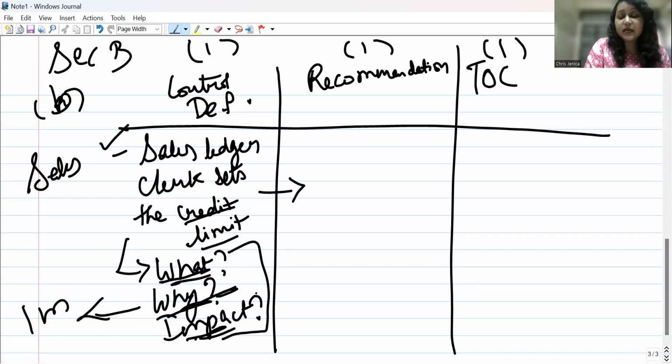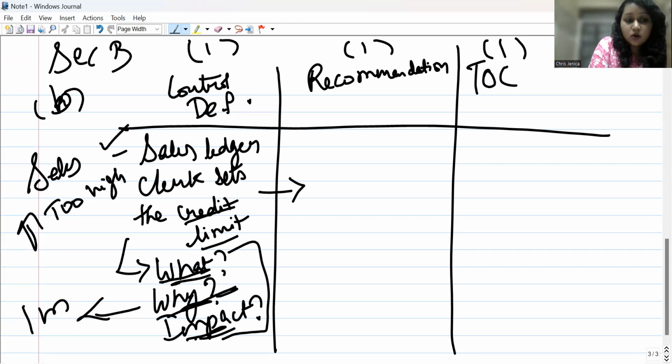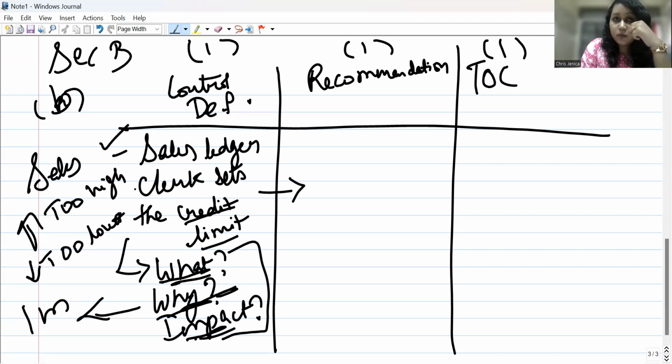Next, what could be the implication or an impact? Now that the sales ledger clerk is not qualified enough or senior enough to set the credit limit, the impact is that either there is a possibility that he sets the credit limit too high or even too low. Okay. So what could be the impact of that?